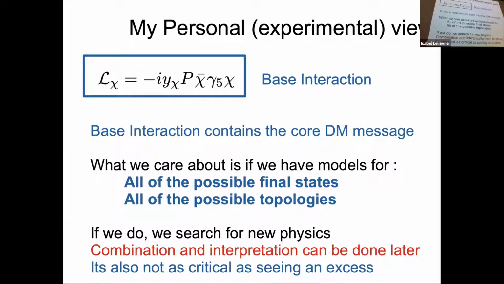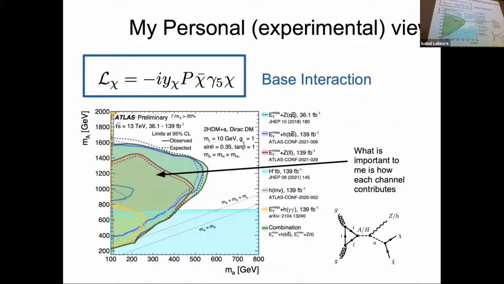If we have a resonant mono Z final state, we should look for that. If our mono Z final state is non-resonant, we should look for those. The key is to make sure you have all the topologies. How you interpret this is something you can spend a lot of time on. But if there's no excess, you can interpret it a lot and make bounds, but it's just an interpretation of a lack of signal.